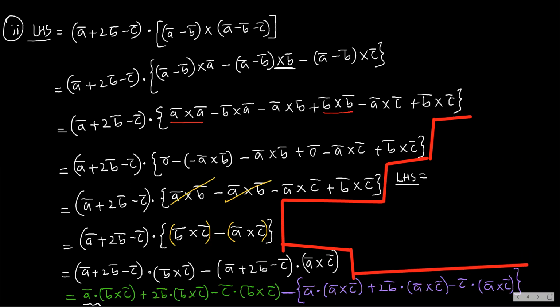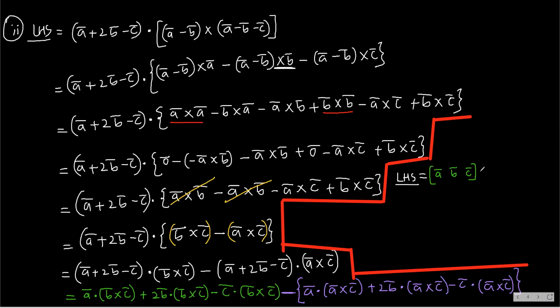This is box of a bar, b bar, c bar. This is a bar dot b bar cross c bar. So that is box of a bar, b bar, c bar. Got that? Look at this here. What is this? This is 2b bar dot b bar cross c bar.